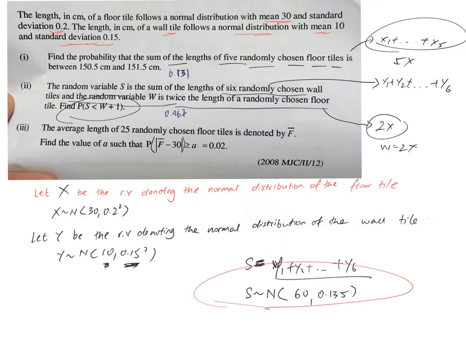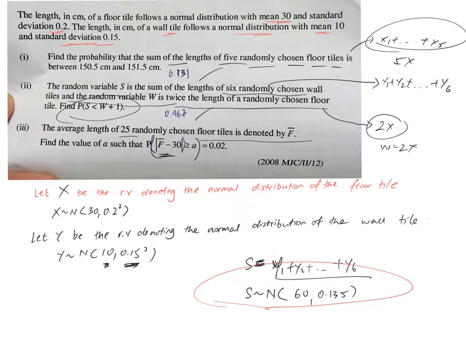The average length of 25 randomly chosen floor tiles is F bar, and find the value of a such that the probability of the modulus of the difference between F bar and 30 is greater than or equal to a is 0.02.